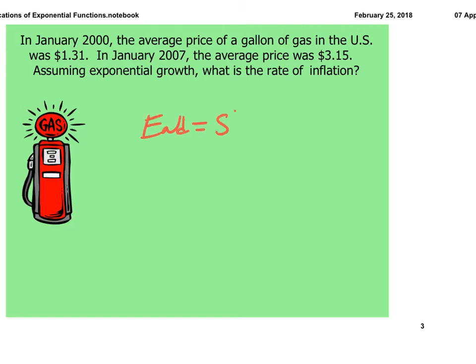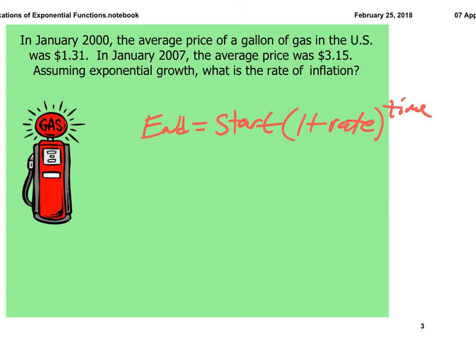End is the start times 1 plus the rate to the time. That's the general format for these, right? Everybody stick in everything that you know, and solve for the thing that you don't know. I'm going to pause for a second while you give this one a try.